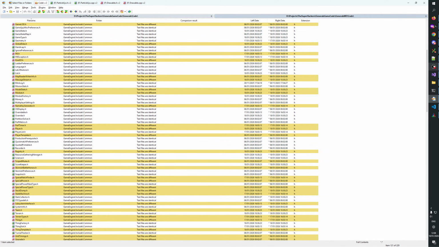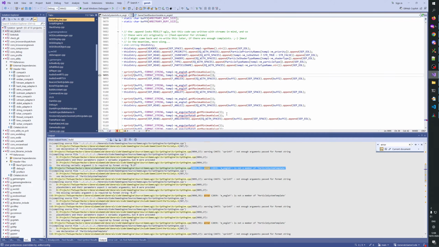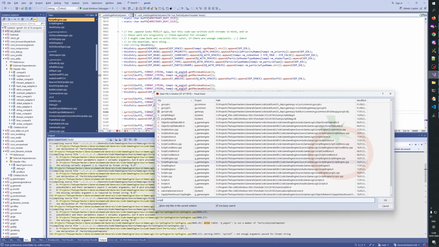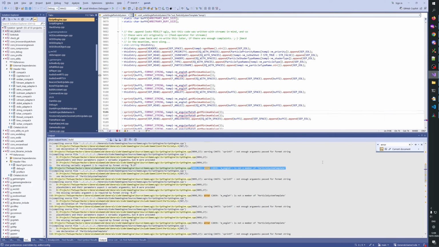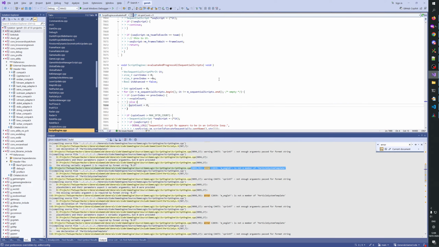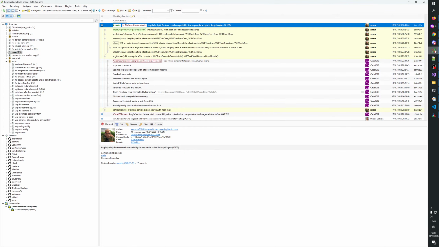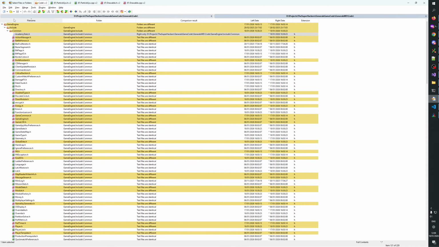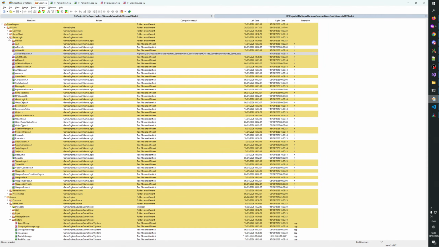Script engine. It's located in game logic. Okay. Game logic, script engine.